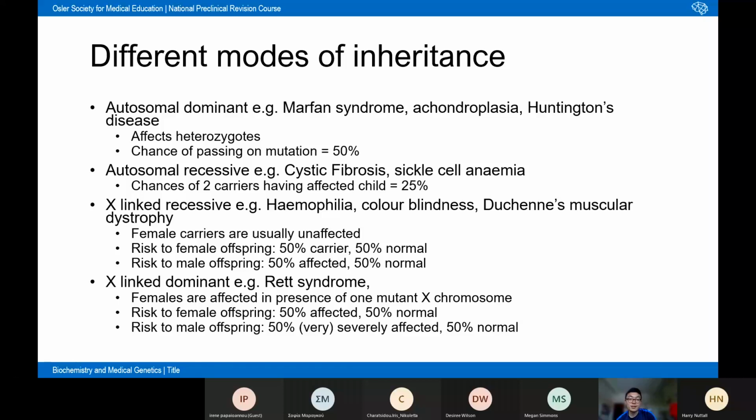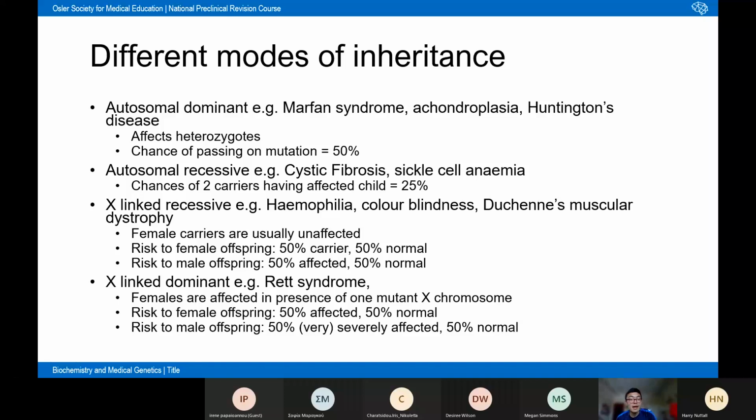But it's important to note that sometimes this X chromosome inactivation may be skewed, in which case females might be affected. Typically, if a mother passes on the mutated X chromosome to a daughter, that girl would also have a backup X chromosome from the father, and so she'll be a carrier. So the risk to the female offspring is 50% carrier, 50% normal.